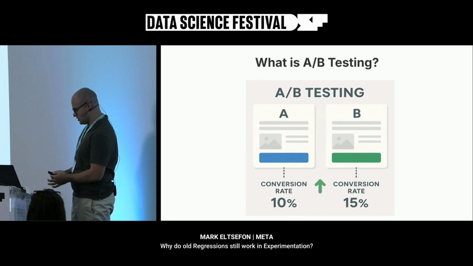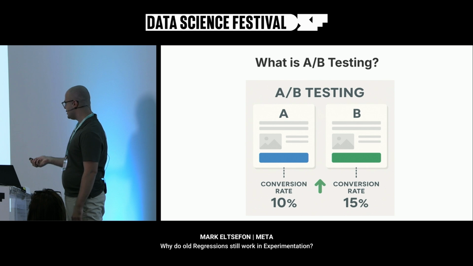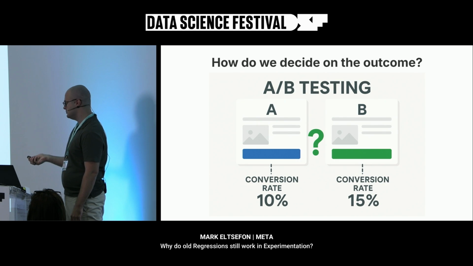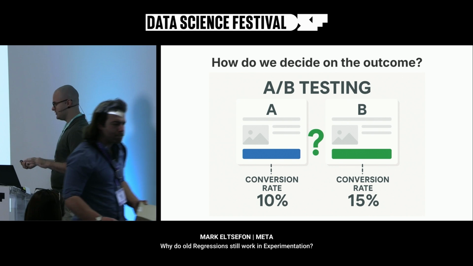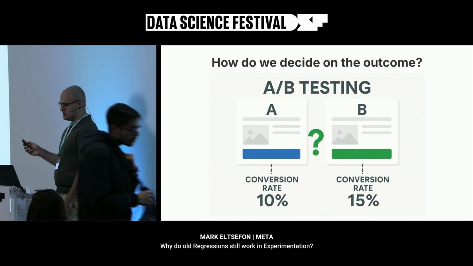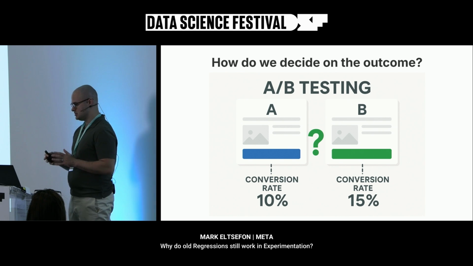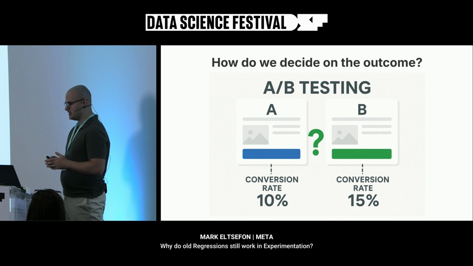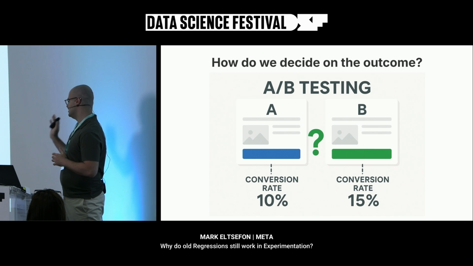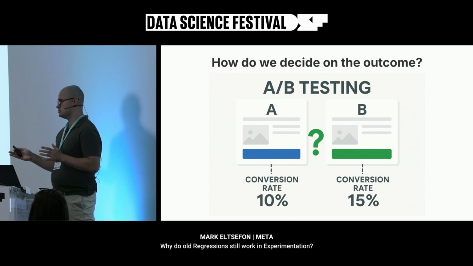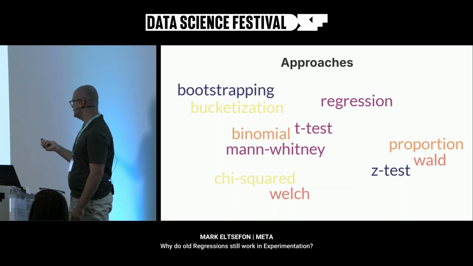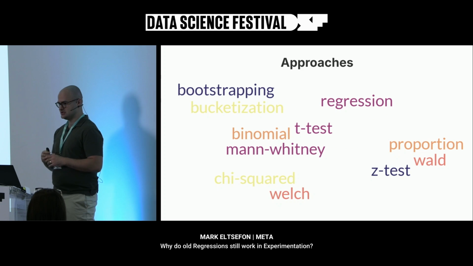And the question that comes up right now is whether it's just due to random chance, or it's really because of the change of the color, which I have some doubts about, but anyway. There are many approaches to detect if this difference is caused by our change, or in other statistical terms, statistically significant or not. And the list is huge, right?